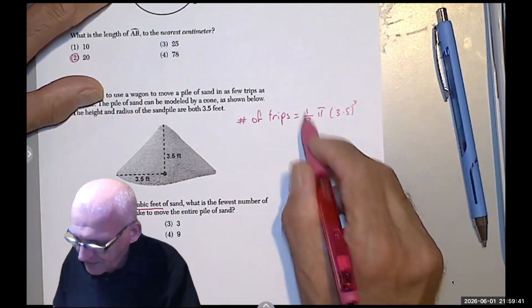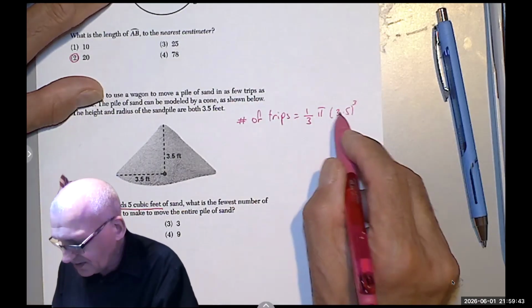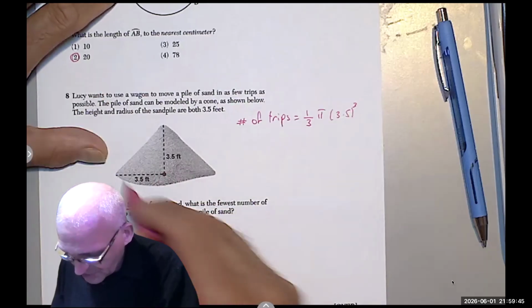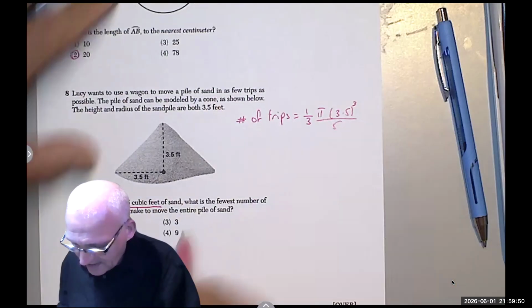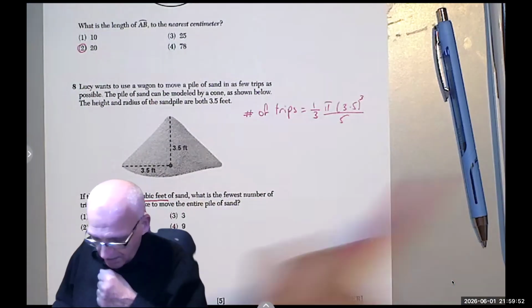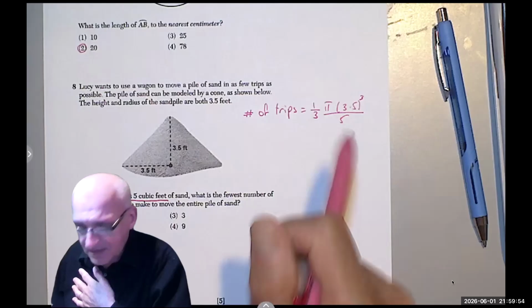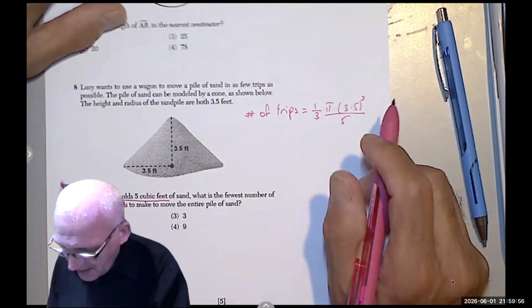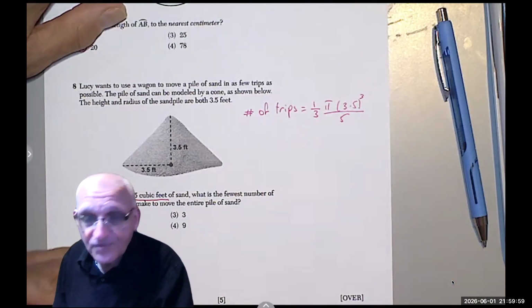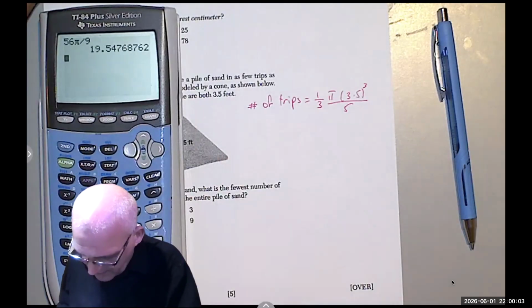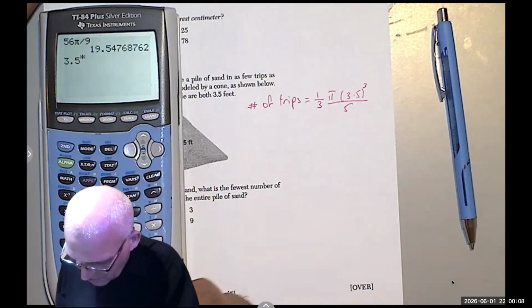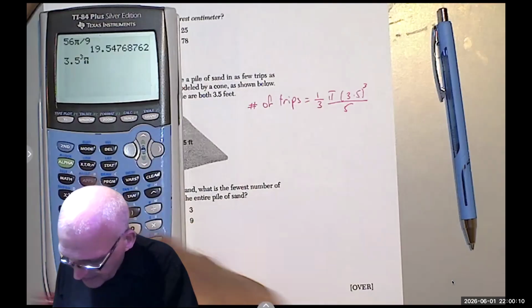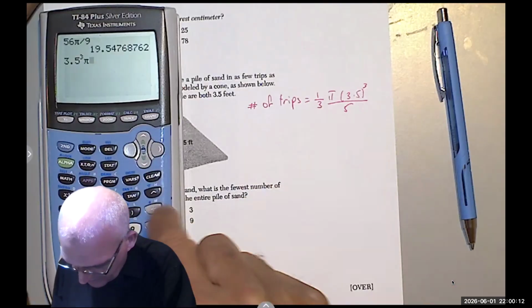So 1/3 pi times 3.5 squared, which is r squared, times the height, which is also 3.5, and then you divide by 5 because each trip Lucy can bring 5 cubic feet. Alrighty, so that would be 3.5 cubed times pi over 15.